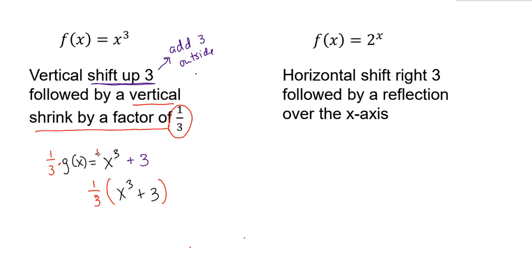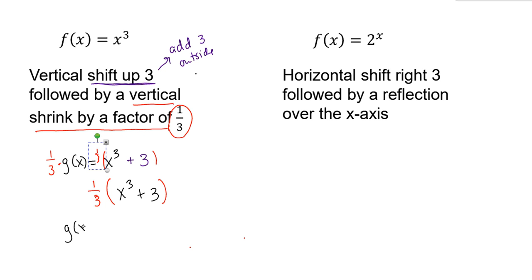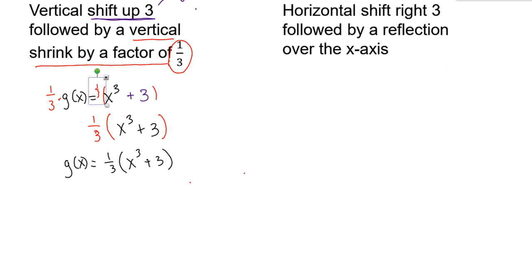And what you do to one side, you have to do to the other, right? So my actual function would be g of x equals, now if you left it as 1/3 parentheses x cubed plus 3, I'd probably be okay because you're showing me you understand that it has to be multiplied to everybody. Or you could distribute it. Technically, distributing it would give me the proper form, if you must, but I would accept either. This one came from multiplying 1/3 times 3.